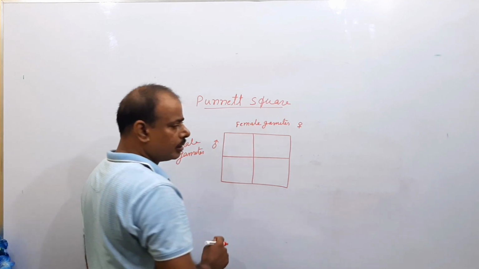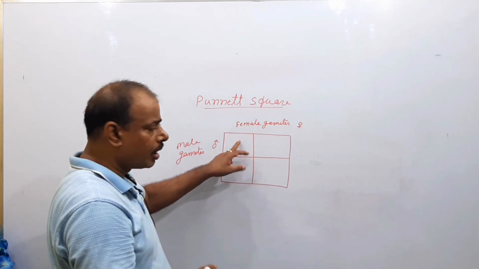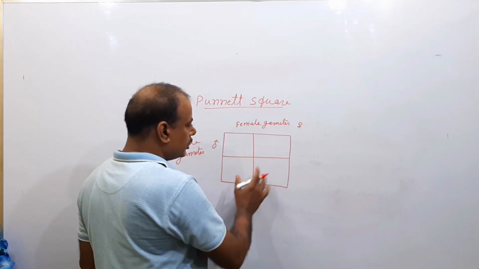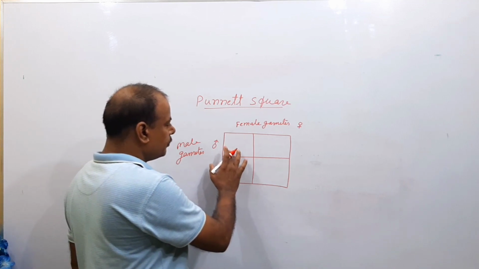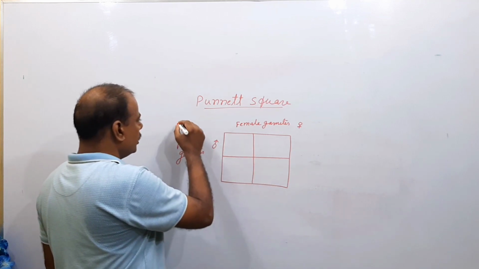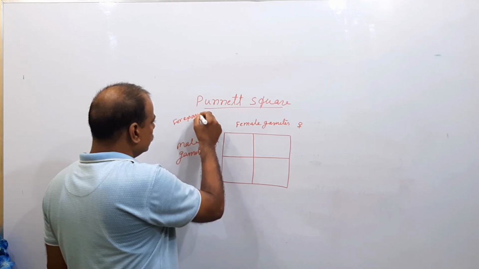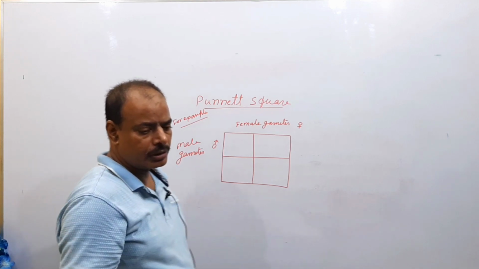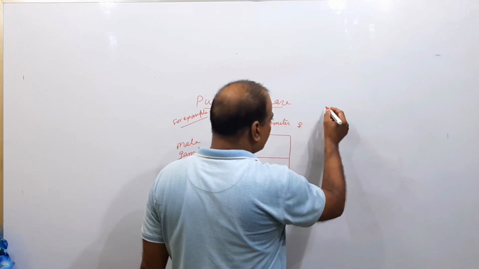After it, when these are crossed, then after crossing, genotypes are written in the subsquares, and we also have to write the phenotype. For example, we are taking an example of hemophilia or color blindness.